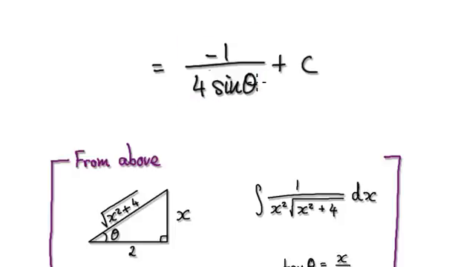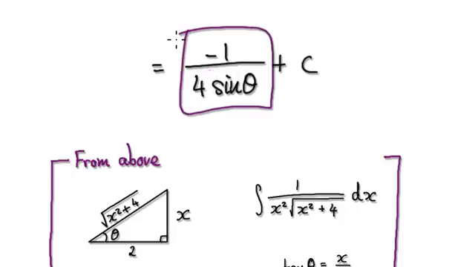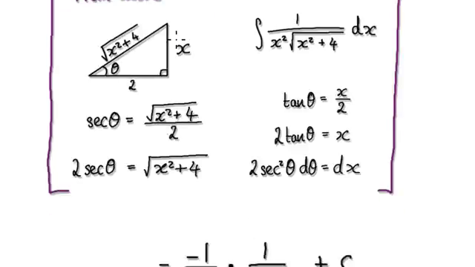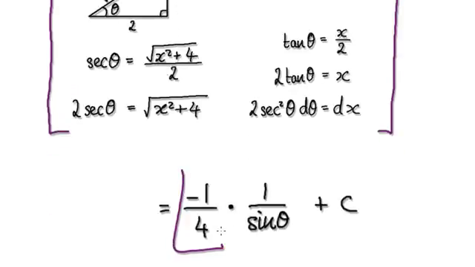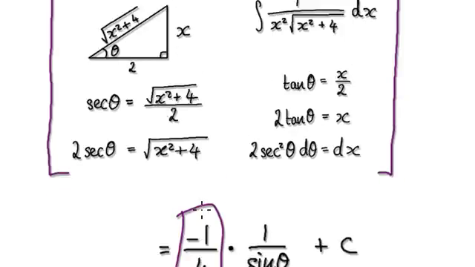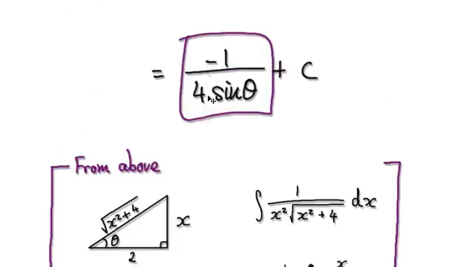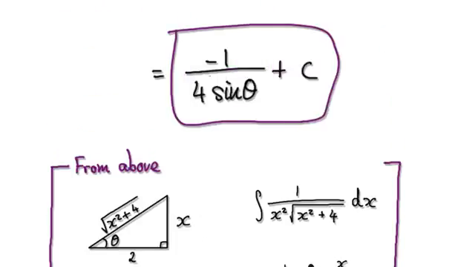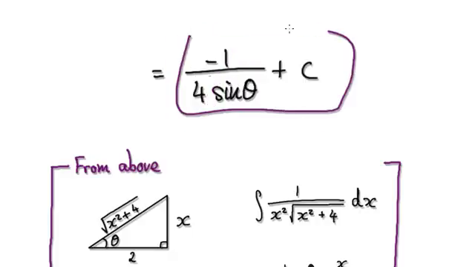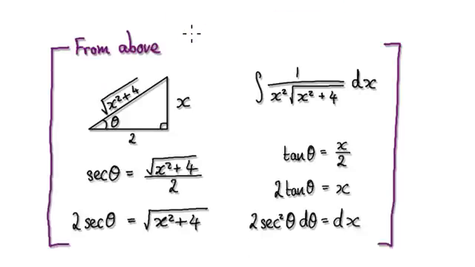Well, we need to translate this back in terms of x, but at the moment it's in sine theta. So basically break this up into two fractions. Visualize this thing here as this.